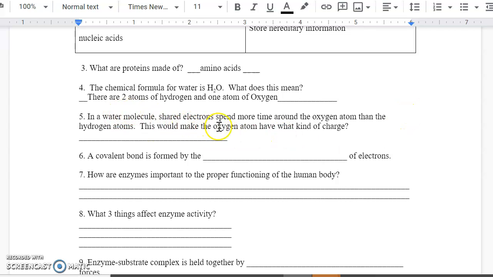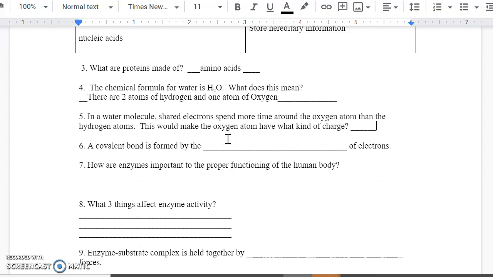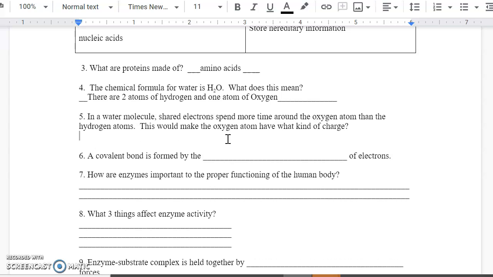In the water molecule, shared electrons spend more time around the oxygen atom than the hydrogen atoms. This makes the oxygen atom have what kind of charge? Well, we said electrons are negative. We said if you hang out with negative folks too much, then you end up being negative too.